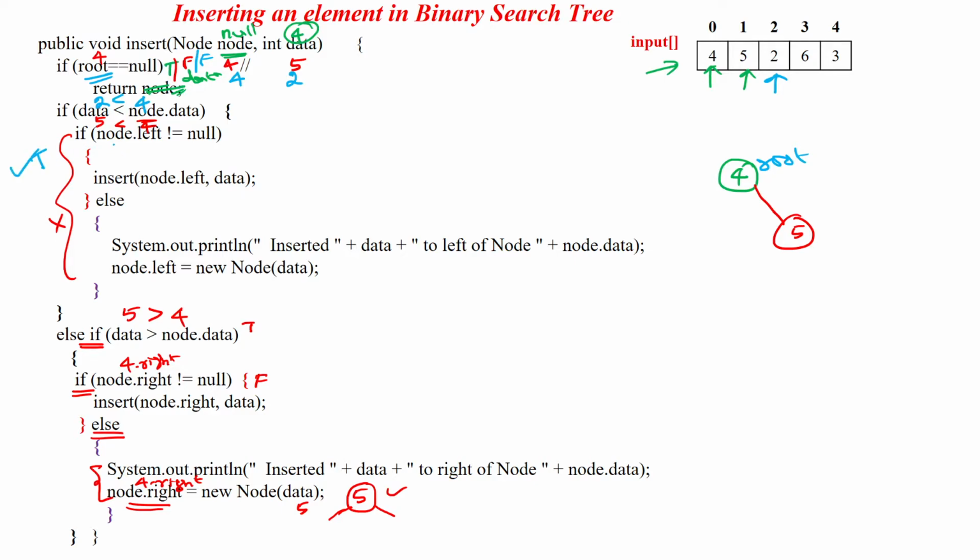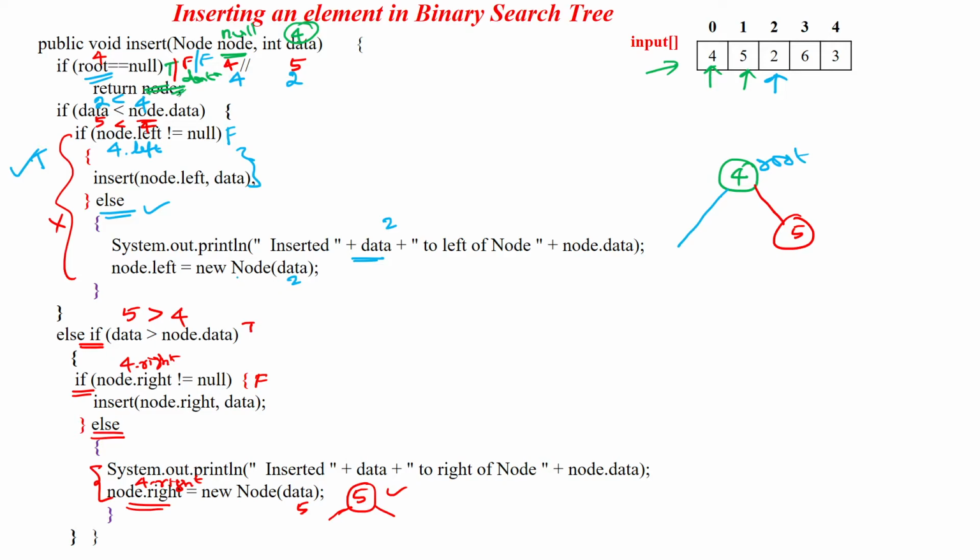Now we are checking 4 dot left not equal to null. 4 dot left is actually null, so this condition is false. If it is false, then this will not execute, and the else block will execute. In the else block we are inserting the data, which here is 2.